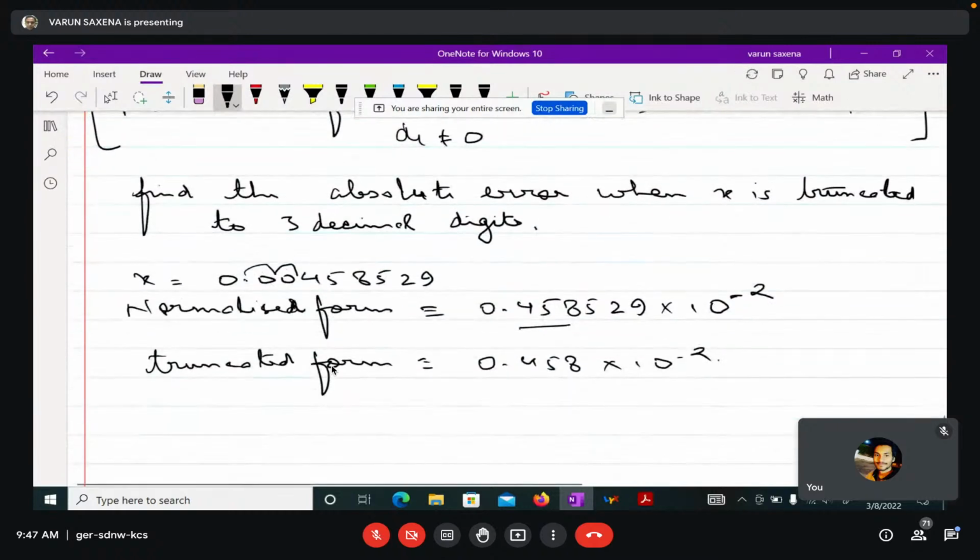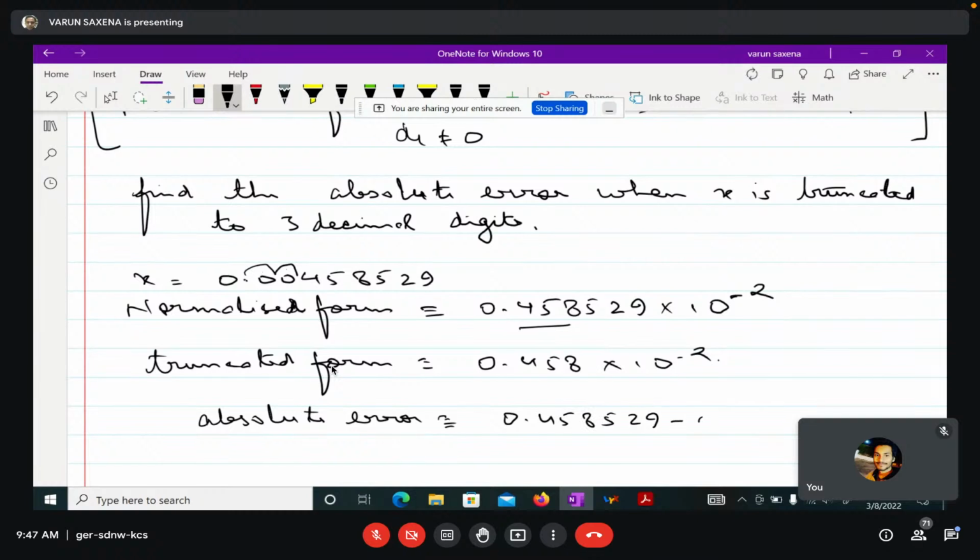So if you have to find out the absolute error, the absolute error is going to be 0.458529 minus 0.458 into 10 to the power of minus 2.